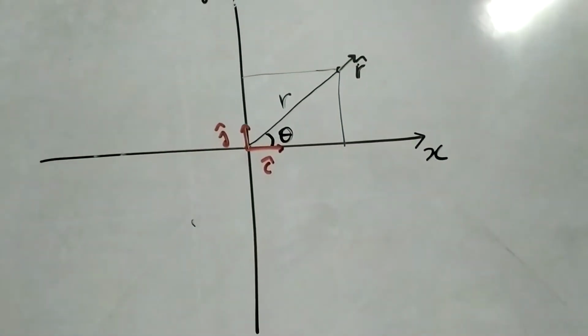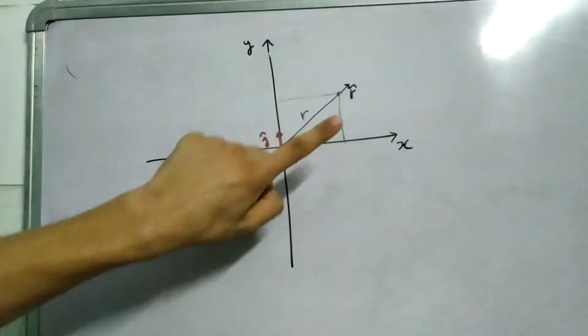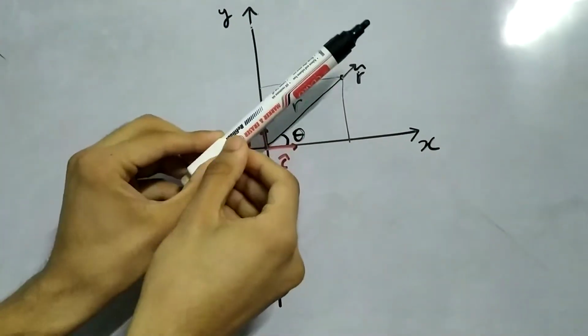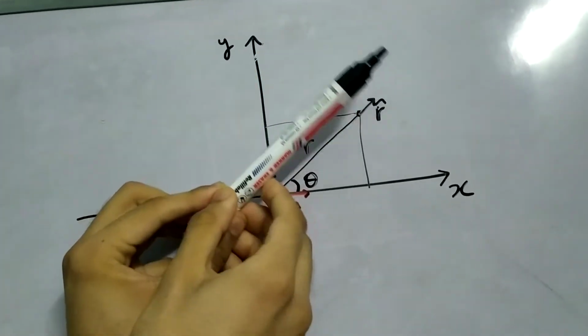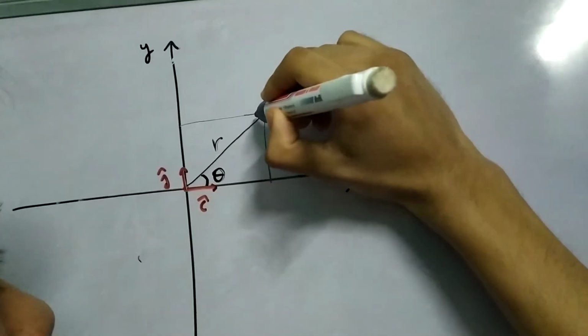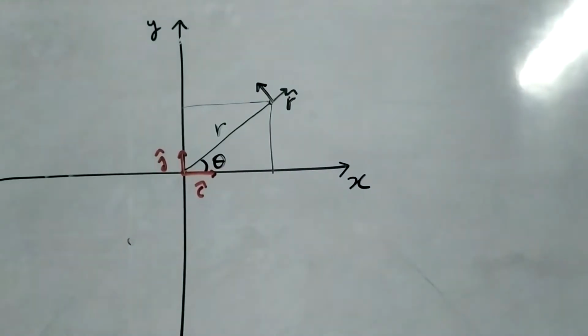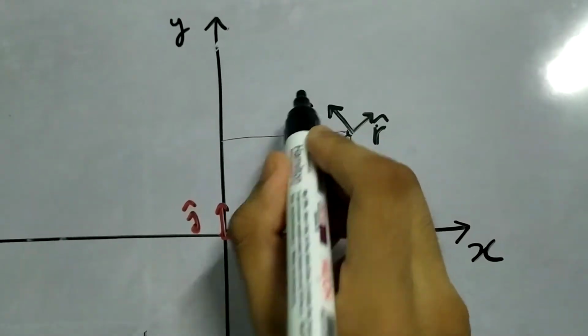And what about theta? This is the increasing direction of theta. Theta is measured from the x-axis, so it is increasing in this direction. At this point, this will be the direction of increasing theta.